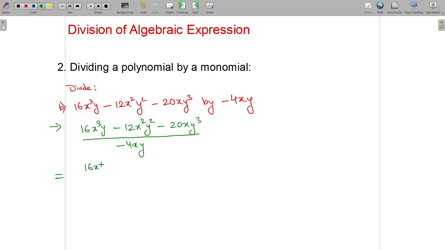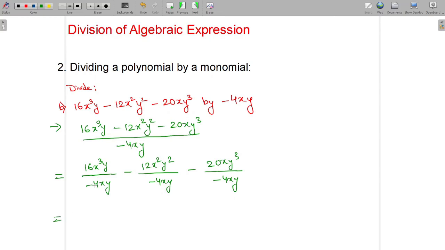So 16x cube y by minus 4xy. Then this minus sign, the minus in the numerator will be out here. Okay, so minus 12x square y square by minus 4xy. Then minus 20xy cube by minus 4xy.